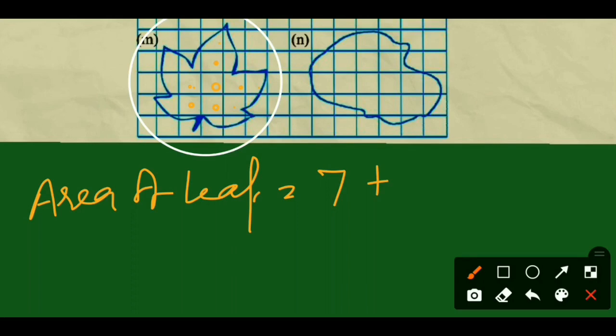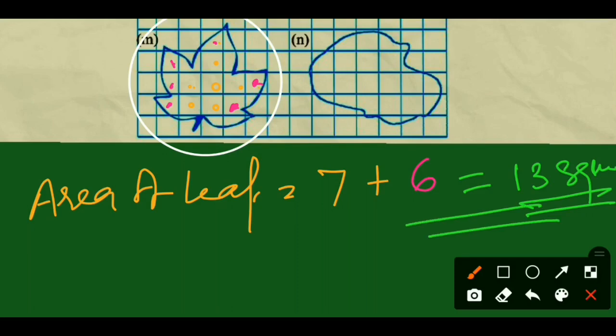More than half filled squares are 1, 2, 3, 4, 5 and 6. More than half filled squares are 6, and you have to ignore all the less than half filled squares. So the total area will be 13 squares.